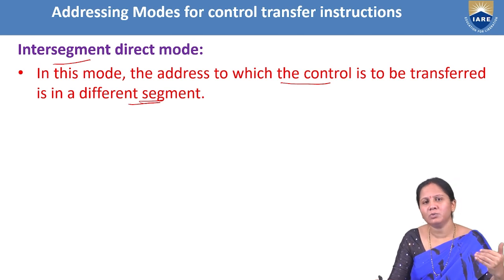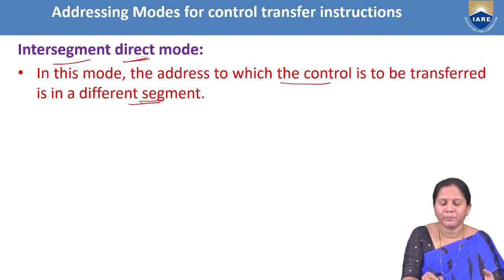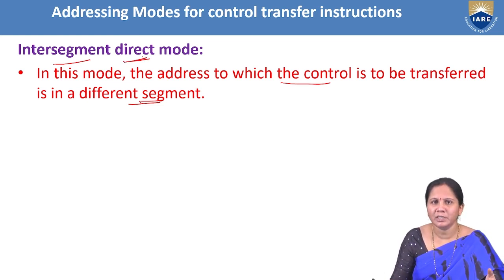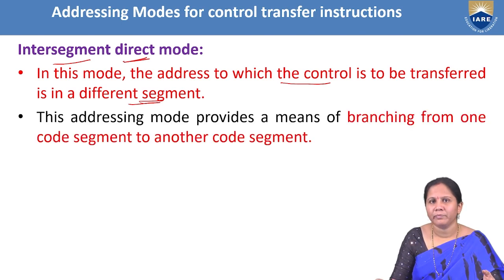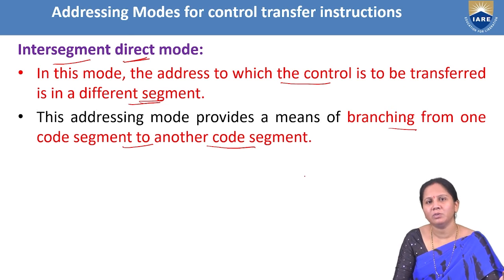And where it has to transfer the control, if we are specifying the address in the direct way, that means as a part of an instruction, it comes under intersegment direct mode. So here, branching from one code segment to another code segment, that means if the control is going to transfer from one code segment to another code segment, it comes under intersegment direct mode.